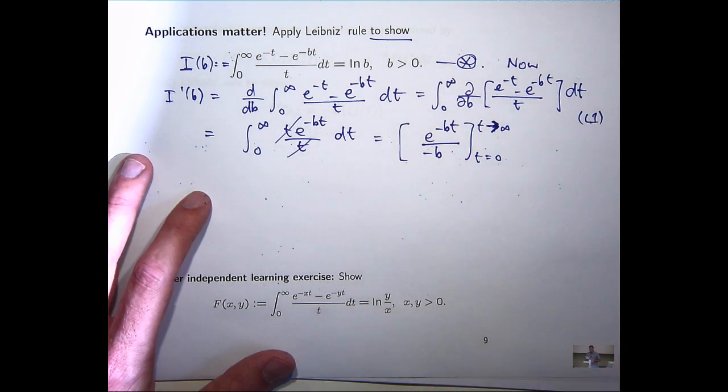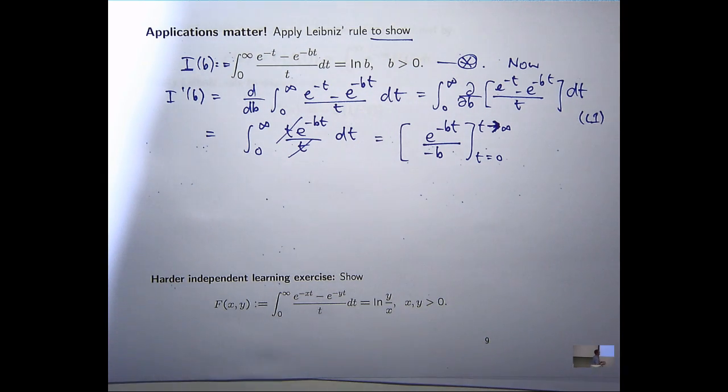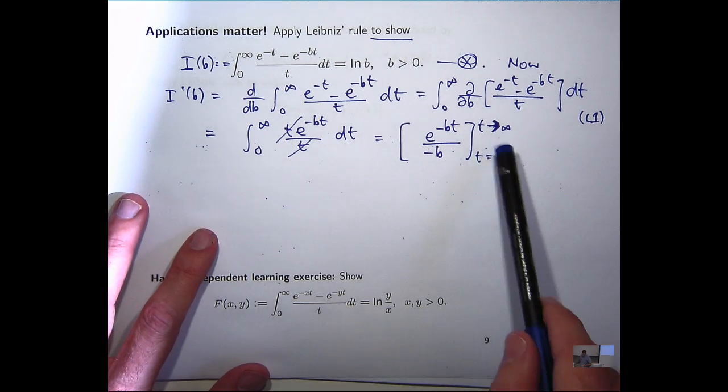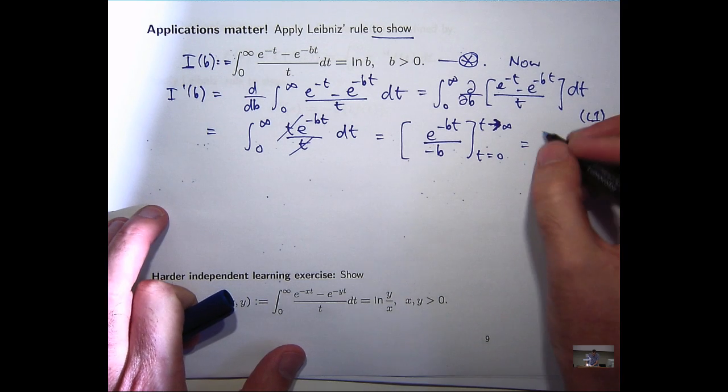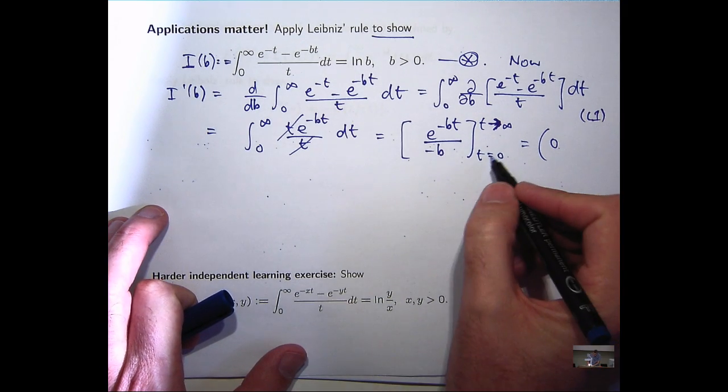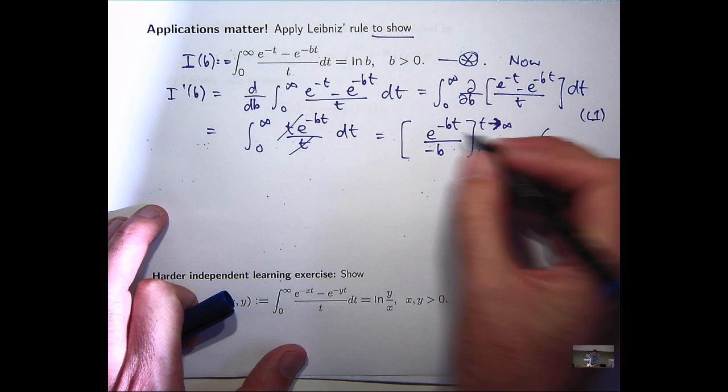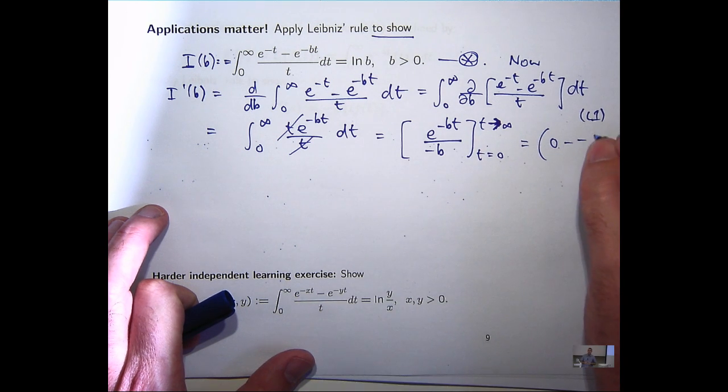I can't put t equals infinity up here. That would be a bit naughty. So as t goes to positive infinity, when I take the limit, the first term is going to be 0. And when I sub in t equals 0, I get minus 1 on b.